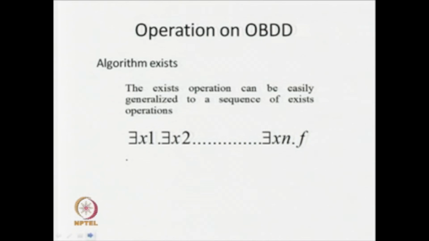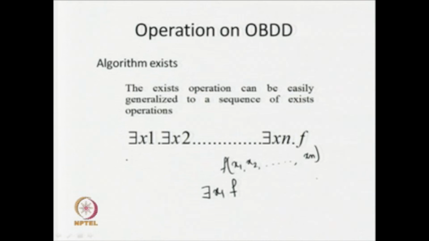Now, this particular exists operation can be nested also, or it can be given as a sequence also. So, basically, if I am having a function f on some variables x 1, x 2, up to x n, what will happen? Say if I am having there exists x 1 f, that means we are relaxing this particular function on variable x 1.